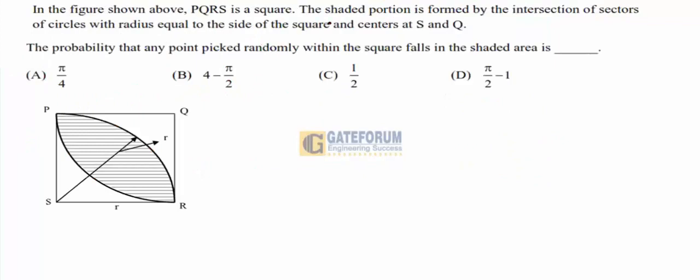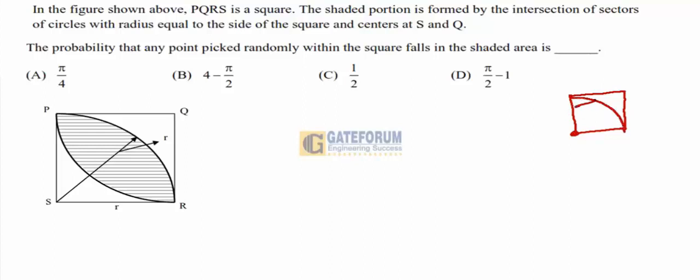In the figure shown above, PQRS is a square. The shaded portion is formed by the intersection of sectors of circles with radius equal to the side of the square and centers at S and Q. It means, suppose if this is the square, then on one circle the center is this, the radius is this part, and this is drawn.